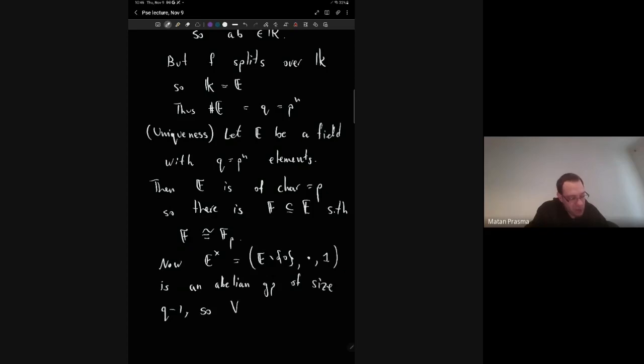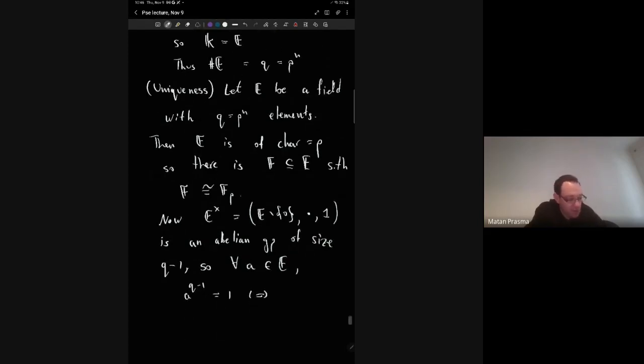So for every A in E, A to the Q minus 1 must be equal to 1, which is completely equivalent to saying that A to the Q minus A is equal to 0.